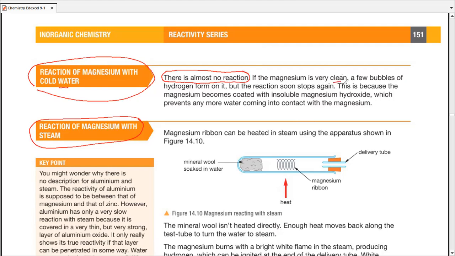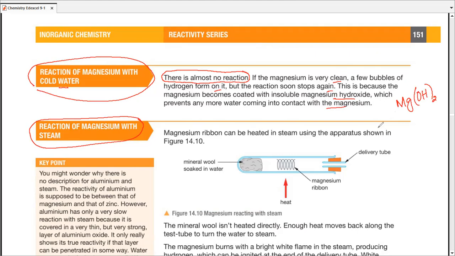If the magnesium is very clean, a few bubbles of hydrogen will form. The reaction would soon stop. This is because magnesium is coated with insoluble magnesium hydroxide, Mg(OH)2, that forms and prevents any more water coming into contact with magnesium. So really, with cold water, we can't have a good reaction of magnesium.